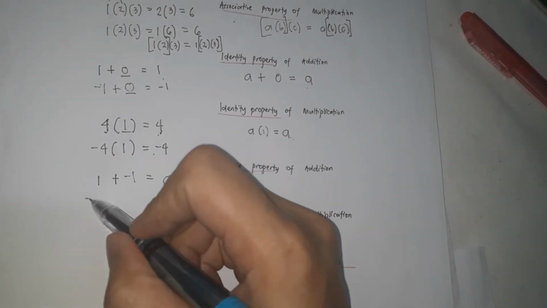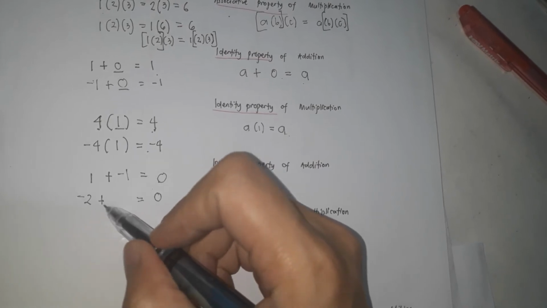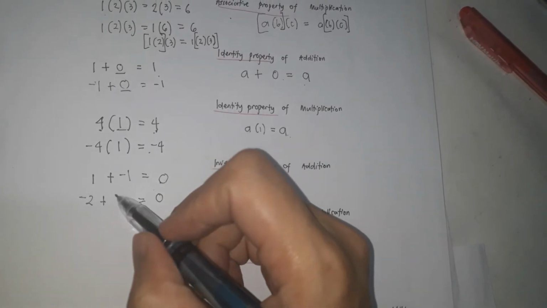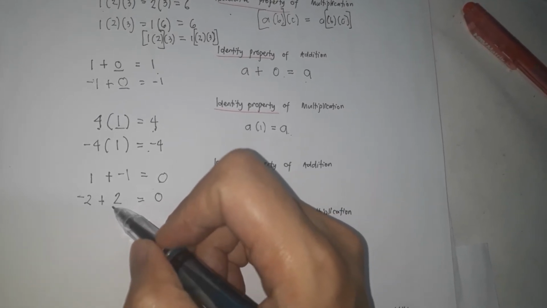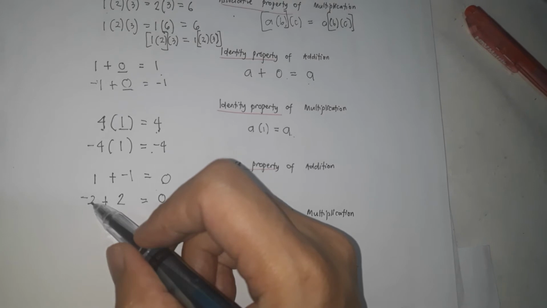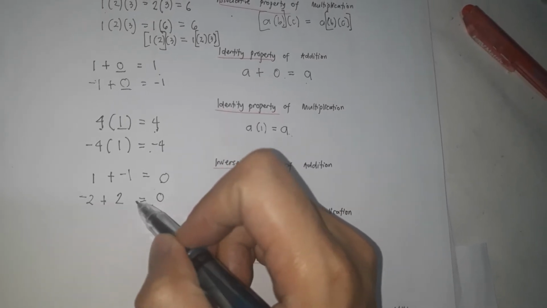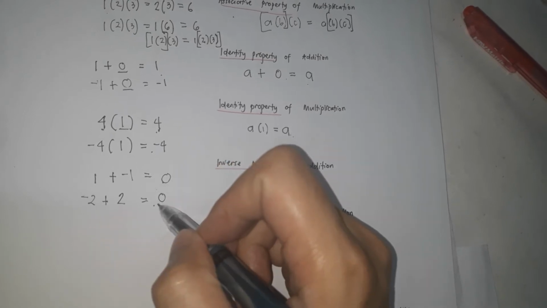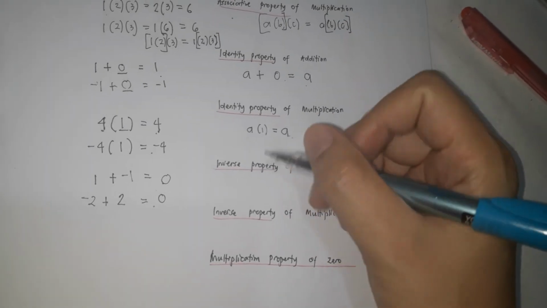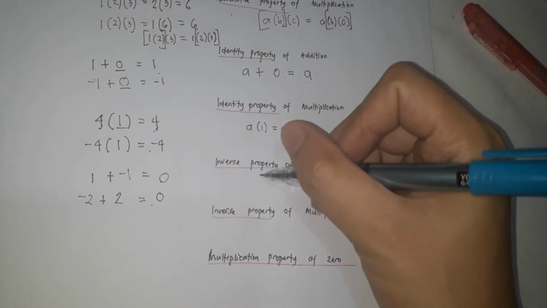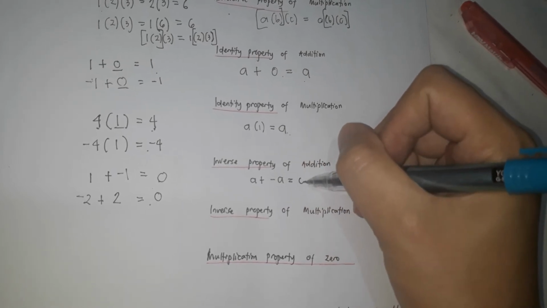If it is negative 2, what are we going to add to negative 2 so that the answer would be 0? Ang add natin ay 2, positive 2. So if you could see, if we're going to add the negative of the number, it would have 0 as the result. So inverse property of addition: A plus negative A is equal to 0.